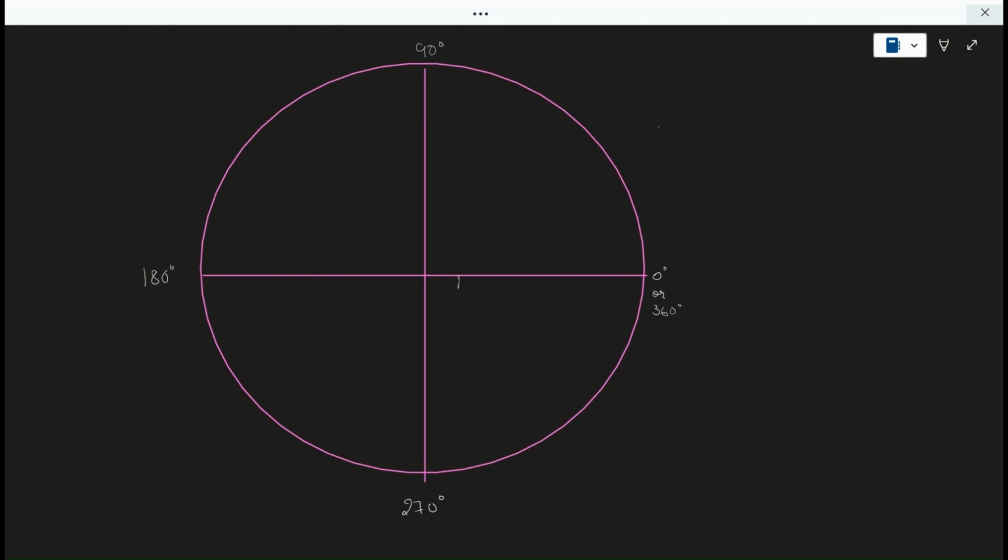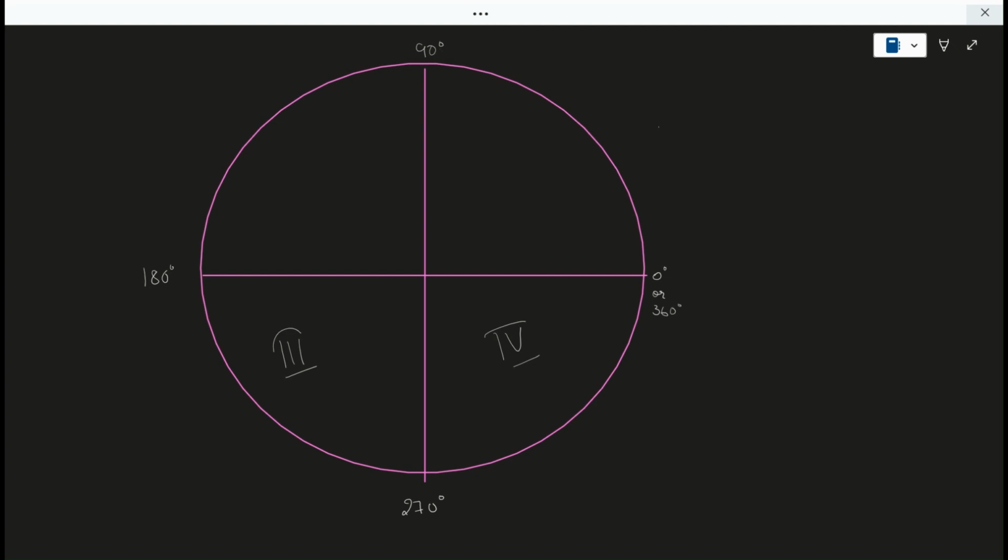Let us now understand what exactly happened and what quadrants are called. So I divided the circle into four equal parts. This is our first quadrant, this is our second quadrant, this is a third quadrant, and this is a fourth quadrant. So simply, a quadrant is nothing but 1/4 of this particular circle.